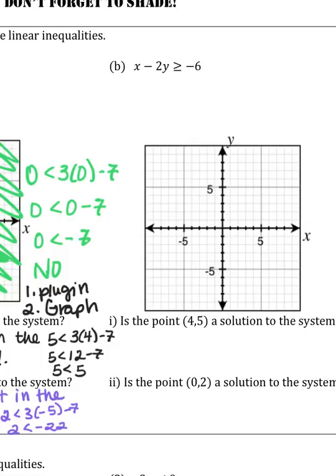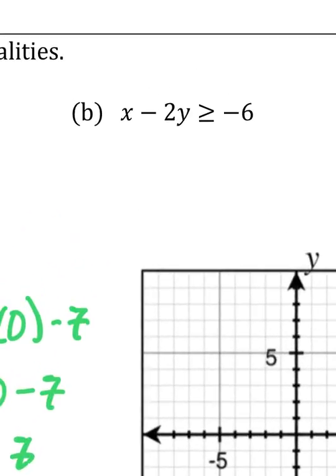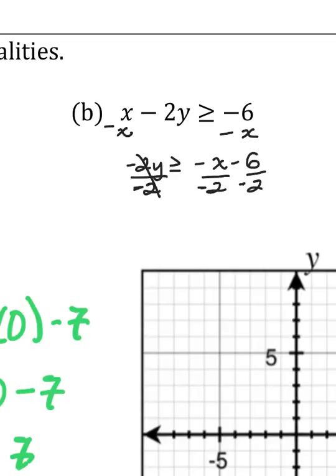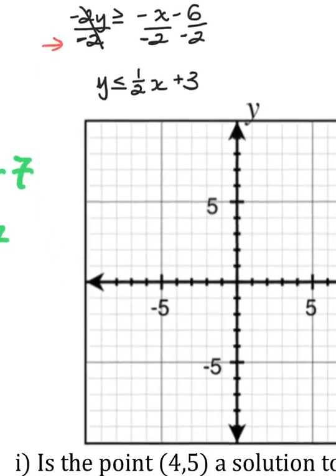The next one we'll have to solve to get y by itself. So I'm going to subtract x, and I get negative 2y greater than or equal to negative x minus 6. Divide everything by negative 2. I get y is less than or equal to, I divided by a negative, so I need to switch my sign, 1/2 x plus 3.